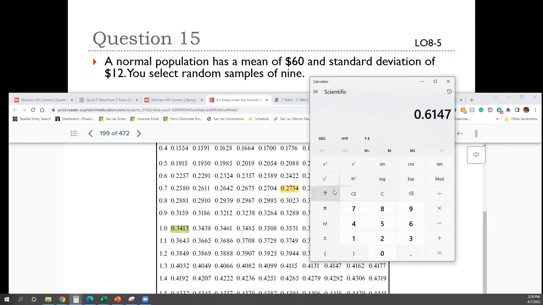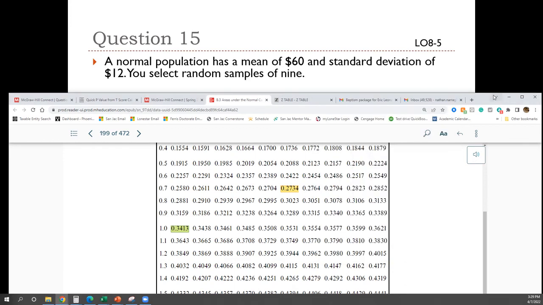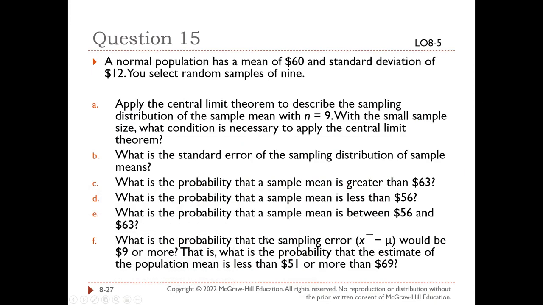Okay, so the probability that it's going to be in between those, so now in the tails, is about 61.47%. Okay. So again, probability of sample mean between 56 and 63.